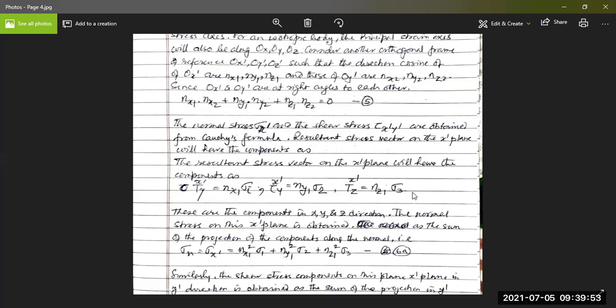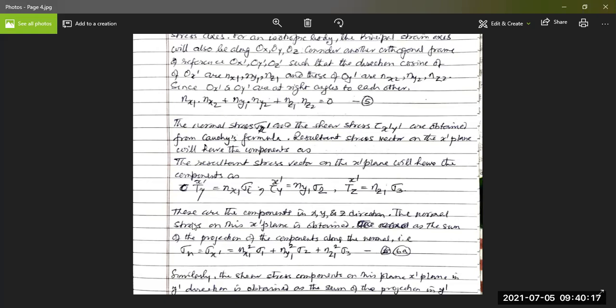And these components are given as sigma 1 multiplied by the direction cosine nx1 which the x dash axis makes with the OX direction, sigma 2 multiplied by the direction cosine ny2, and sigma 3 multiplied by nz2, which is subtended with the OZ axis itself.